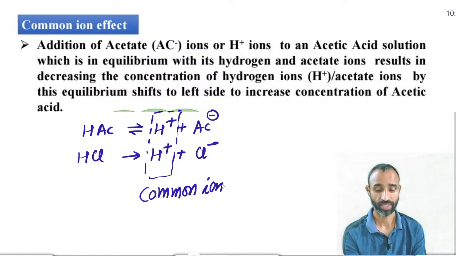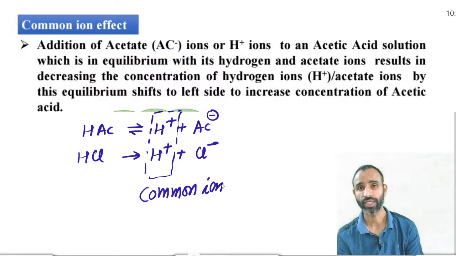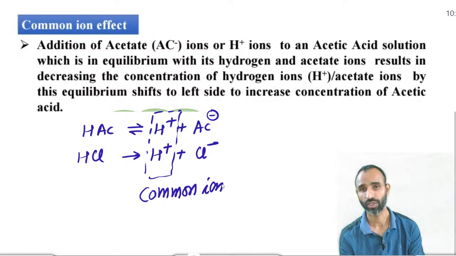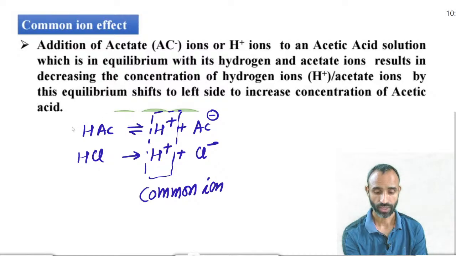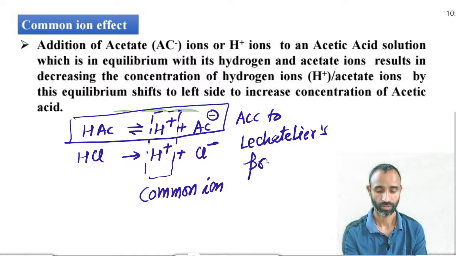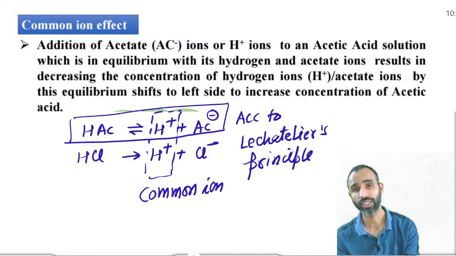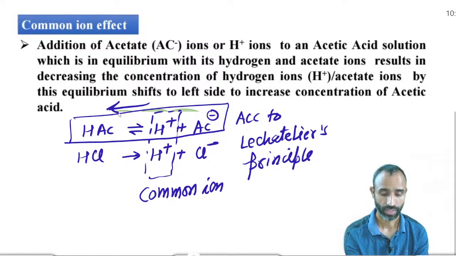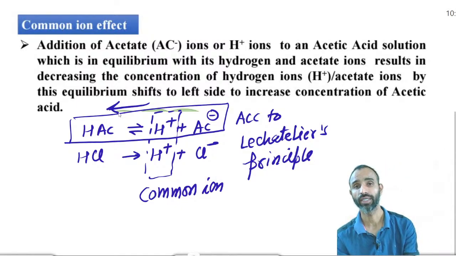Because of the presence of this common ion, the concentration of H+ ion in the solution increases, and therefore this equilibrium, according to Le Chatelier's principle, when one of the products is increased, equilibrium shifts backward, and therefore dissociation of the weak acid is suppressed.